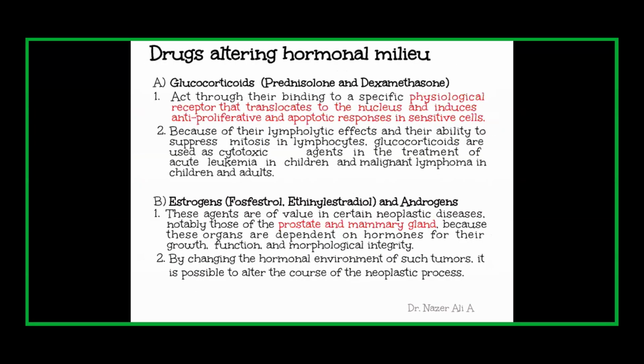First, we have glucocorticoids. All the hormonal receptors are intracellular. Once the hormone binds with the receptor, the receptor-hormone complex is translocated into the nucleus, where it induces some reaction.